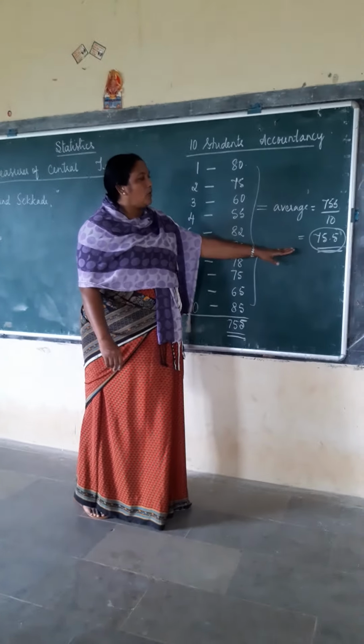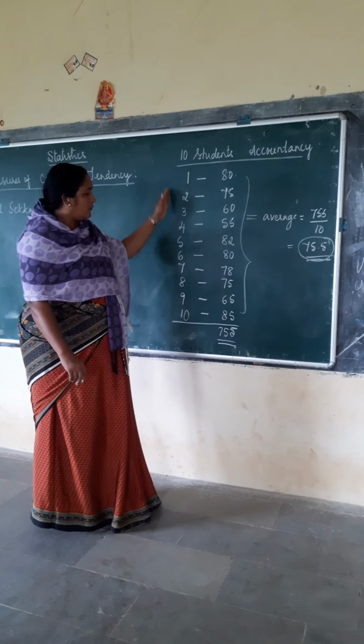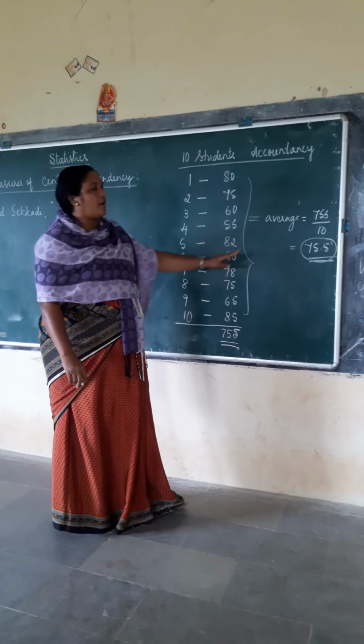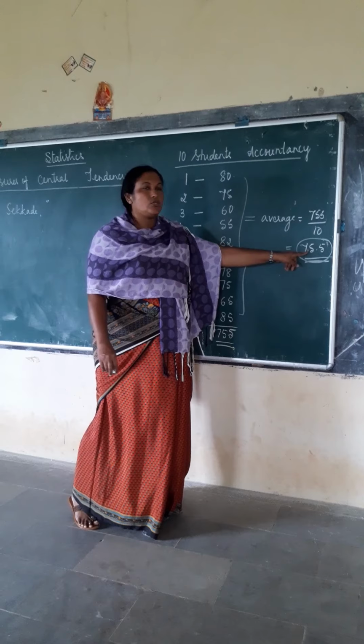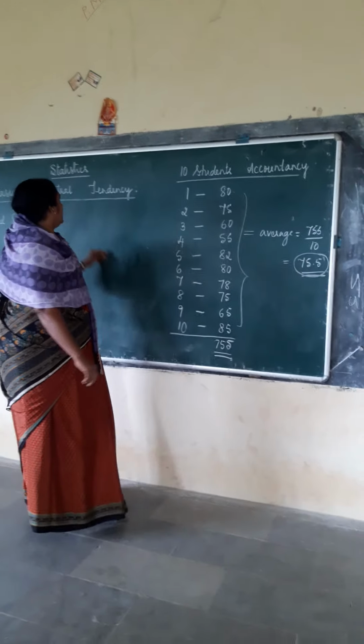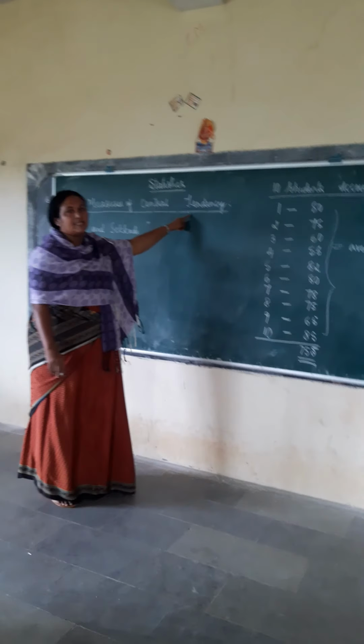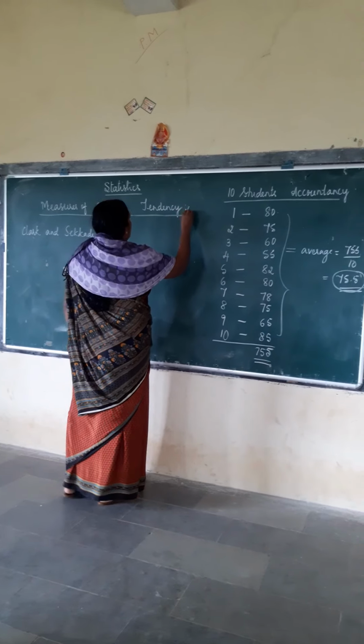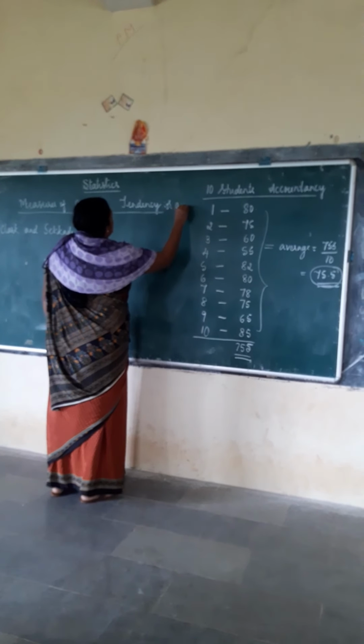Okay. So what we have done is made an attempt to find a single figure which would describe the whole of figures in the group. That is what we call measures of central tendency or averages.